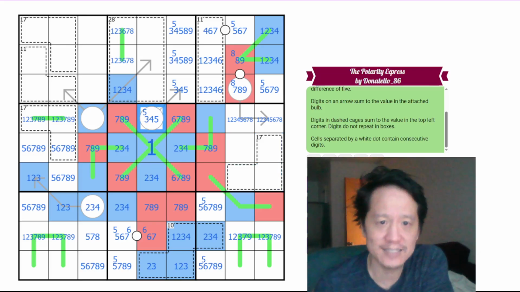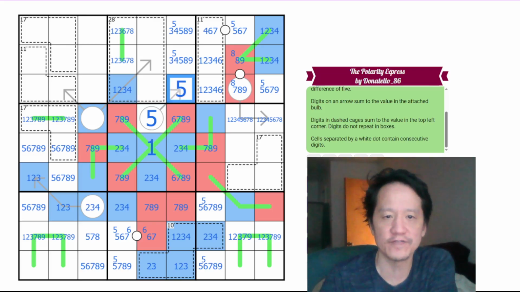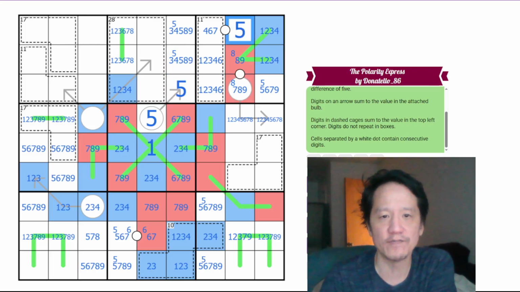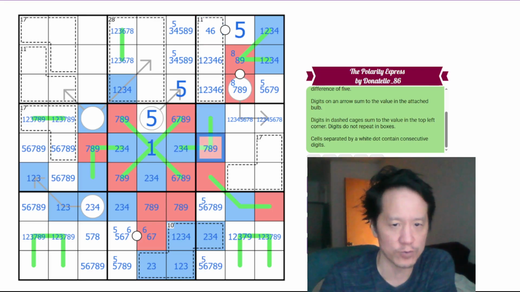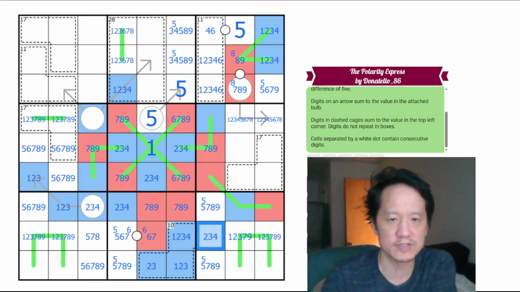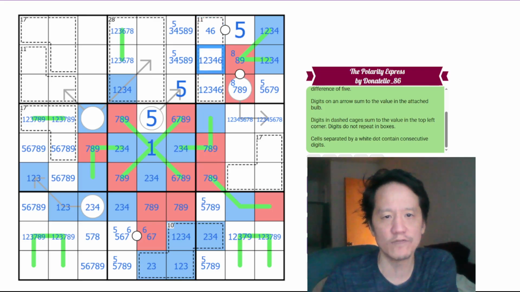So this has to be a 5, which makes this a 5. So this can never be 5. This is a 5. It's next to 4 or 6, which means this cannot be 1, 4, and 6. Actually, it could be 1, 4, and 6. It's 2, 3, and 6, or 1, 4, and 6. Therefore, you cannot have a 6 anywhere there. So this is 7, 8, or 9. So it's 1, 4, 6, or 2, 3, 6.